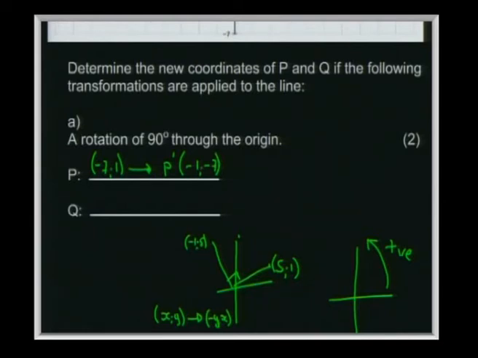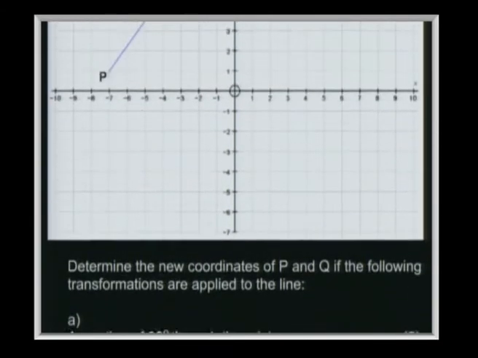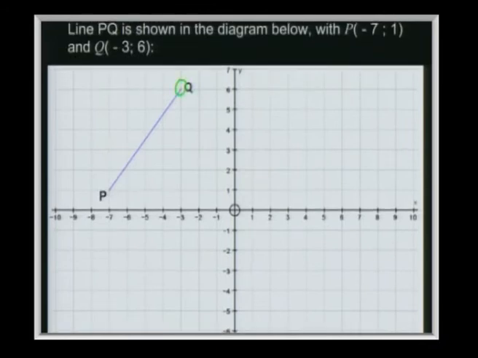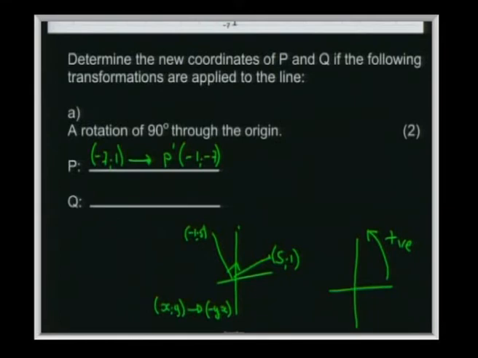Let's get the coordinates for point Q. Q is the point minus 3, 6. There we go. Q dash, and look at the notation, we're doing it correctly, becomes minus 6, minus 3.